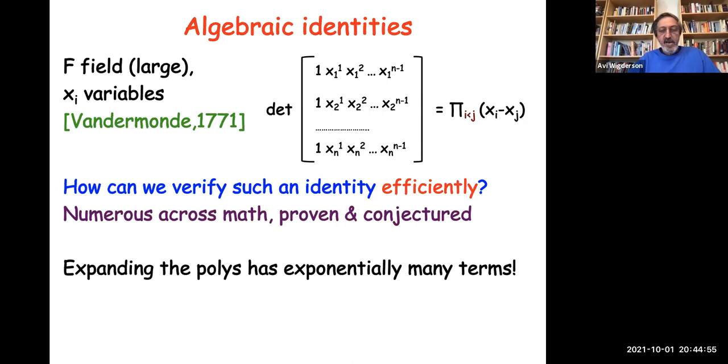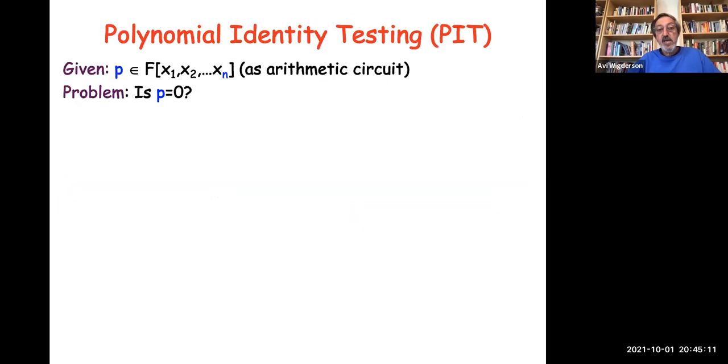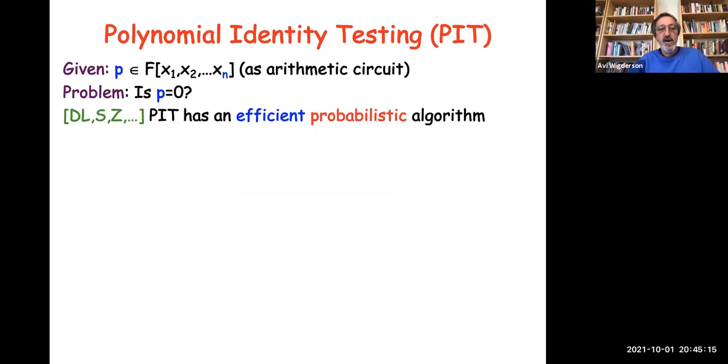Of course, the obvious method is expanding these polynomials and checking that their coefficients are the same, but there are exponentially many terms, so you cannot do that. So how do you do that? The general problem is: I give you a polynomial, is it identically zero? This is the famous polynomial identity testing, which I'm sure you all know about.